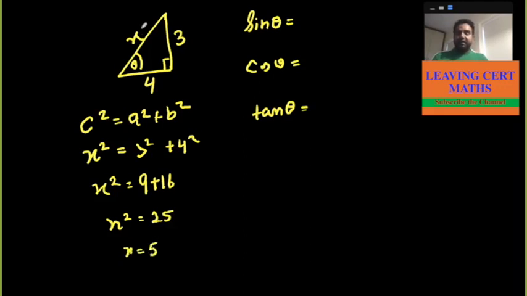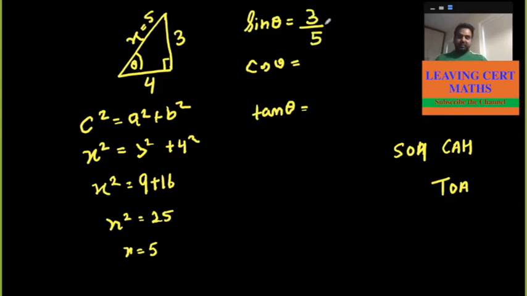Now you have all the information. So somewhere I will write SOH CAH TOA just to get a reference. So what is the value of sine theta? Opposite over hypotenuse. So what is the value? 3 over 5.